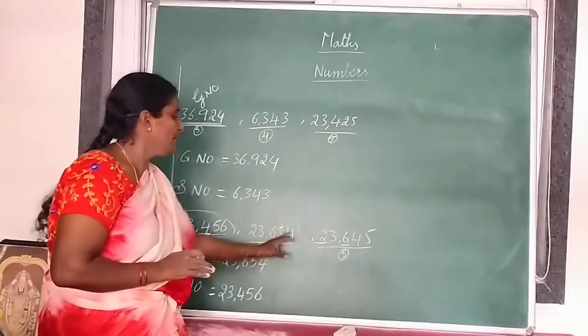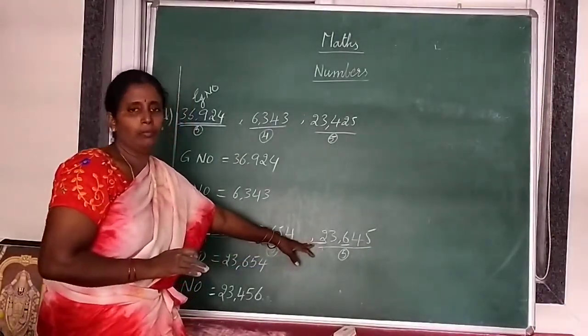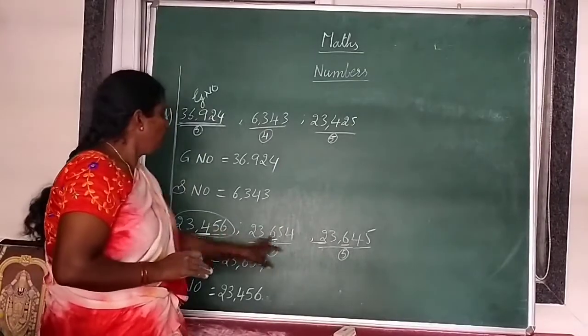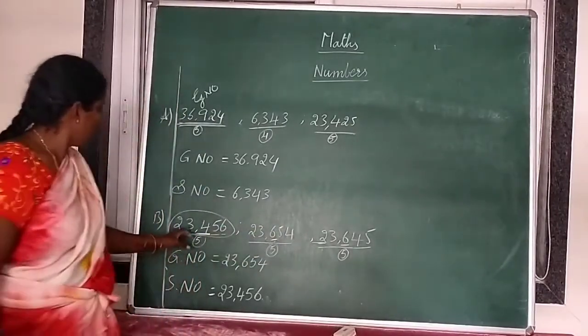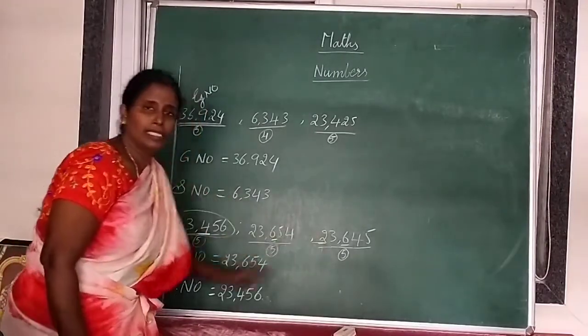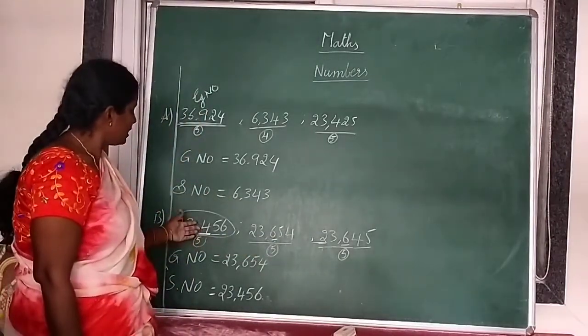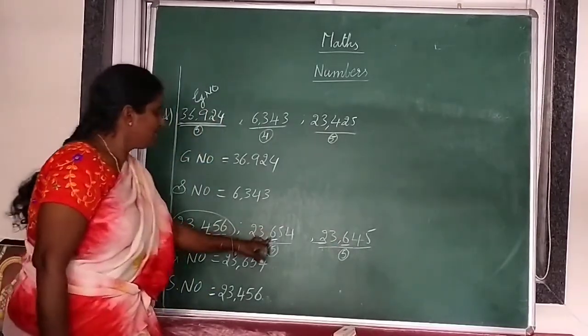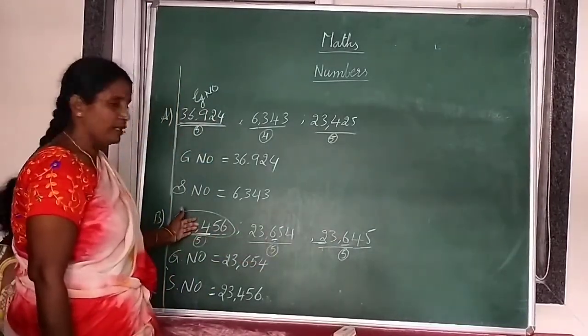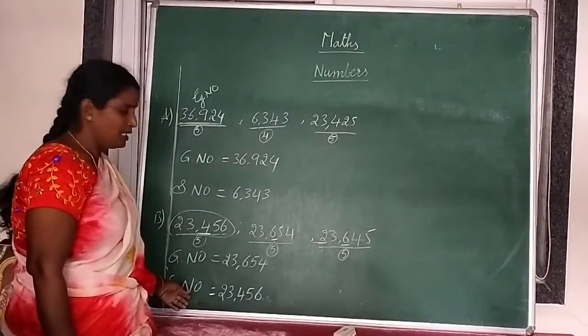Then we have to compare the digits from the highest place value. So 2, 2, 2. Same. So compare the next digit. 3, 3, 3. Same. So compare the next digit. 4, 6, 6. 4 is less than 6. So this is smaller. So we got the smallest number.